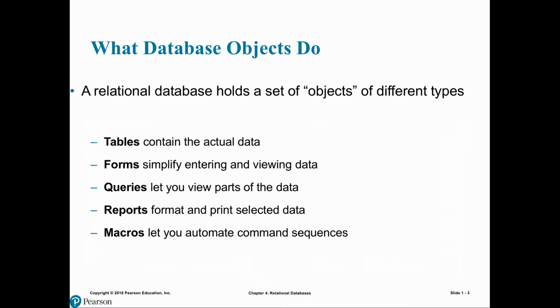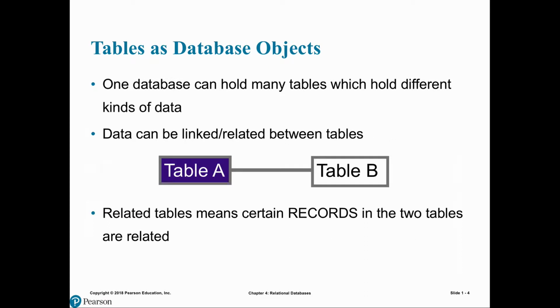And when we try to get the data out of the database, we can use either queries or reports, which can give us the data in different formats. And sometimes we make an automated command sequence, which we call macros, and all of this will make connections among the different tables in the database.